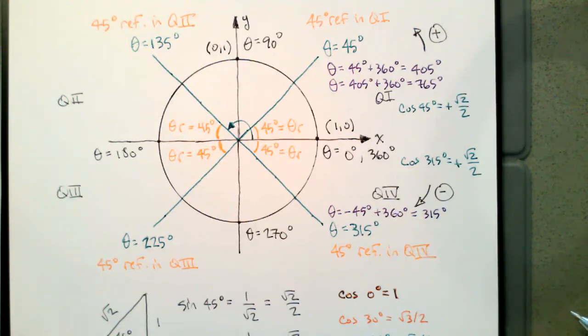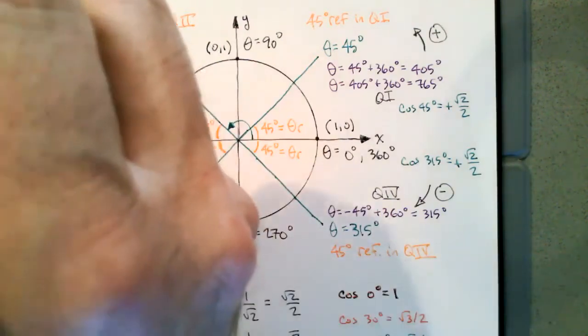So if cosine is positive when x is positive, that means cosine is negative when x is negative. That means cosine is going to be negative in quadrant 2 and quadrant 3. So when we want to know the cosine of 135, we get root 2 over 2 from the reference angle, and we get negative from the quadrant.